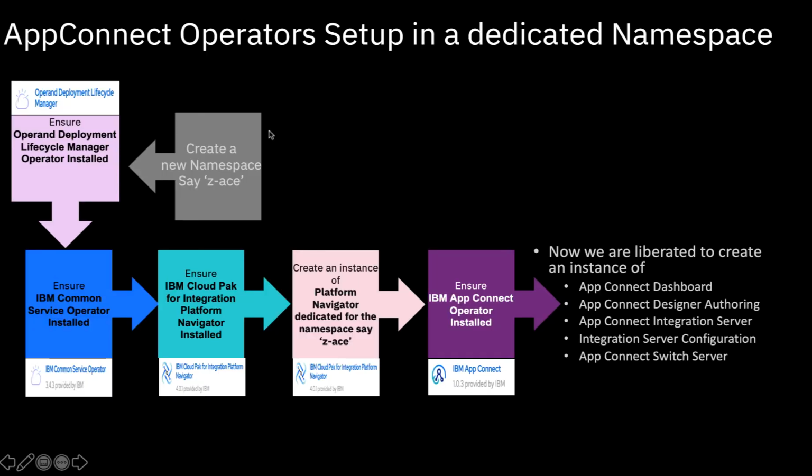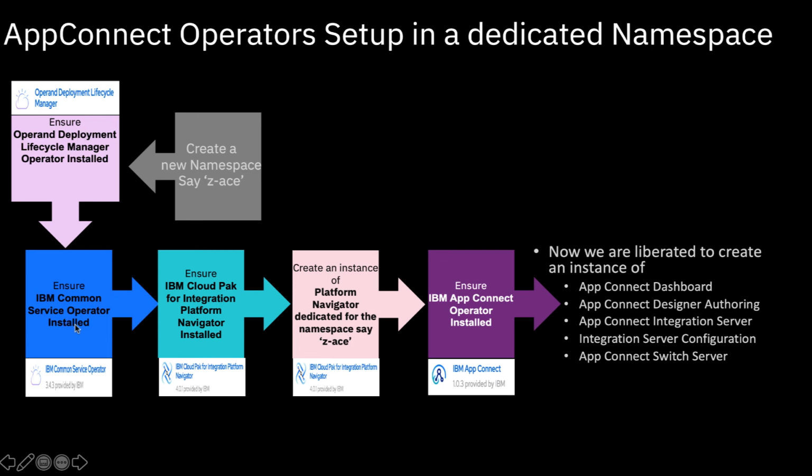So this is the order in which you need to set up a dedicated namespace which would contain the AppConnect Enterprise related workload. You have to create a new namespace. You don't need to install the first operator, which comes by default, the moment you create this, it will be available in the namespace.